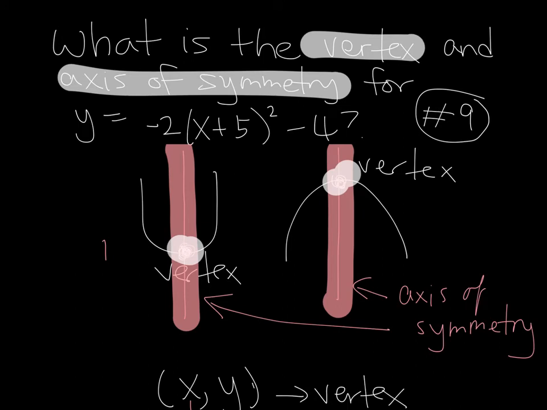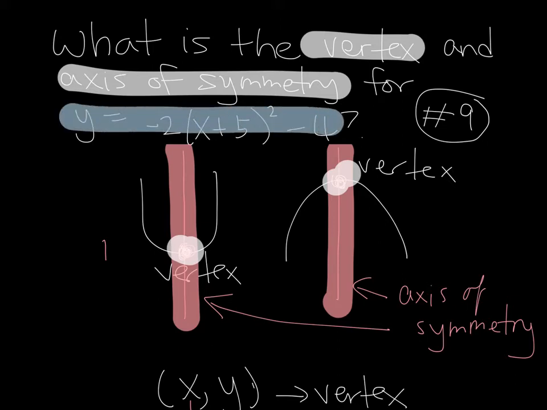So remember, we actually have an equation. This is the equation that we have to think about. In order for us to understand how to write the vertex and the axis of symmetry, we gotta draw this equation out. Now we all know how to draw that equation.